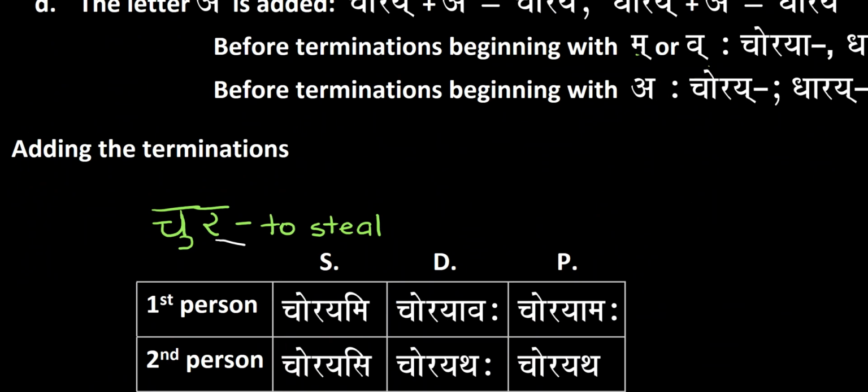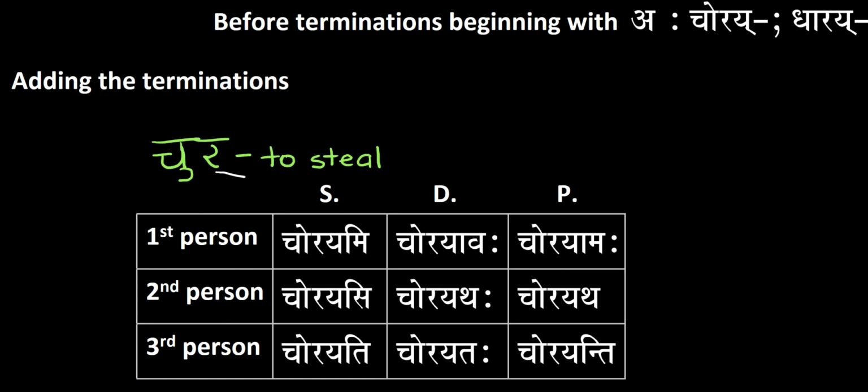Now let's talk about adding the terminations. Chod means to steal. So we start with first person singular, dual, and plural: chorayami, chorayavaha, chorayamaha. That means I steal, the two of us steal, and we all steal.